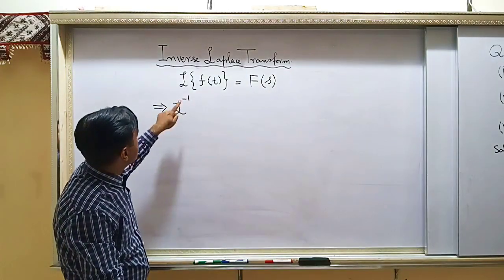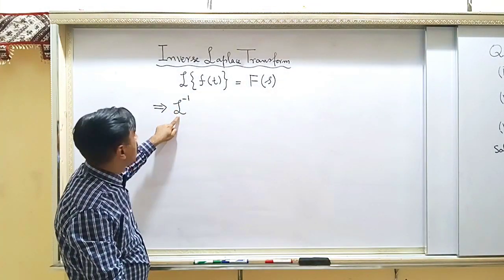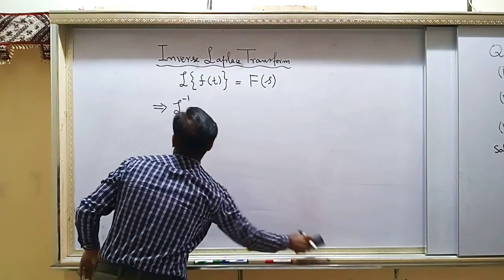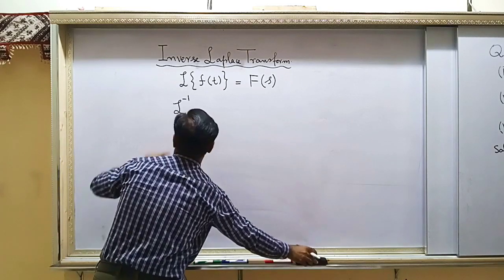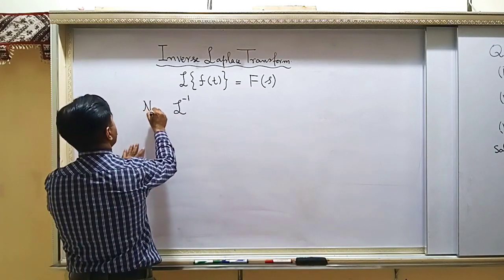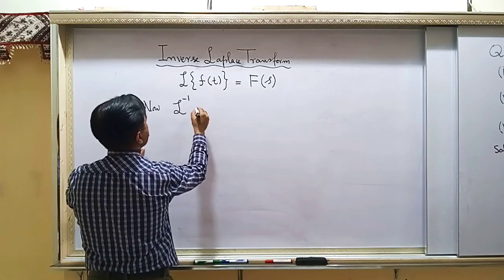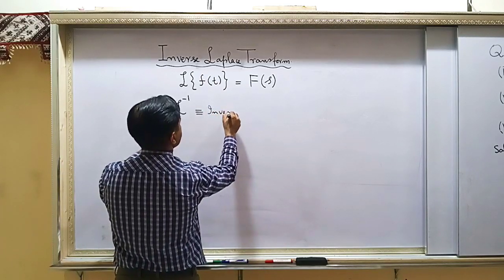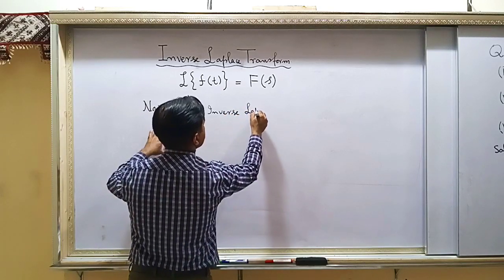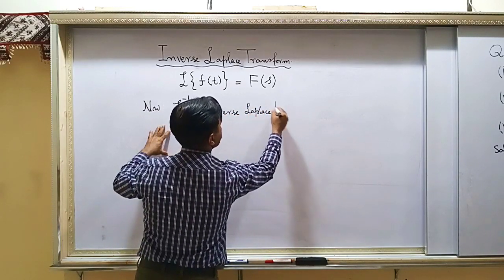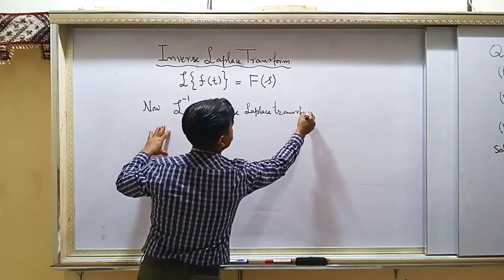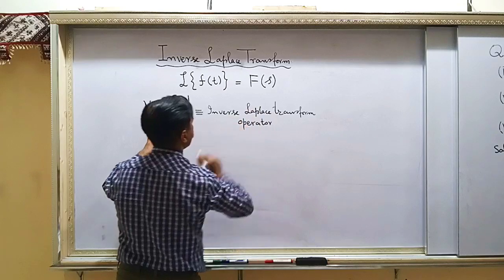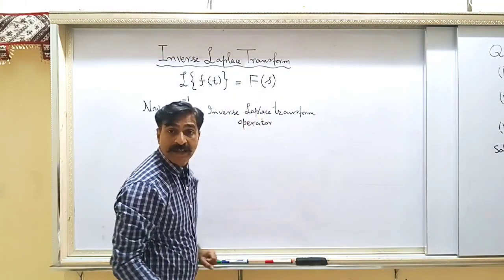This symbol, three lines meaning identical, is the inverse Laplace transform operator, right?